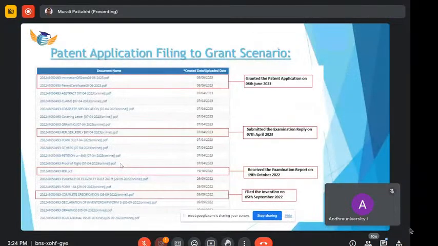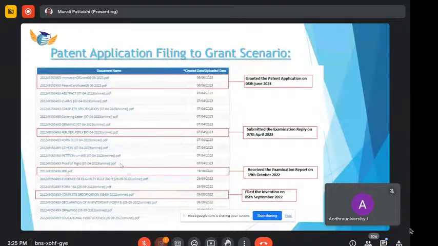This is what a simple FER application looks like, and you can track your application in the patent office database. You can find all the documents that we have submitted, and we can analyze them, for example if we are trying to monitor our competitors' patents, or understand what our competitor is doing and how the prosecution went.